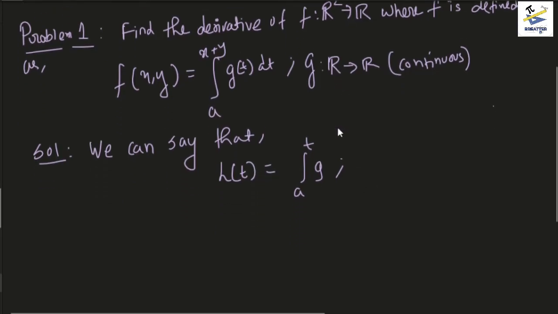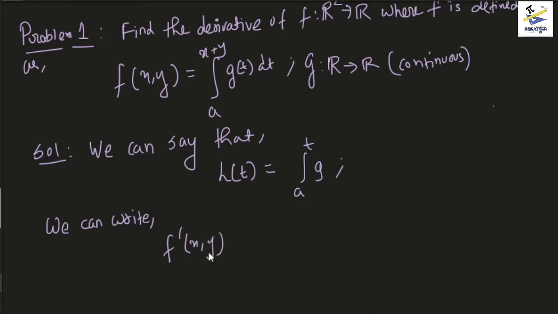So what we can do here is we can write f prime of x comma y as, firstly we are going to find out this h of x plus y's derivative, right?